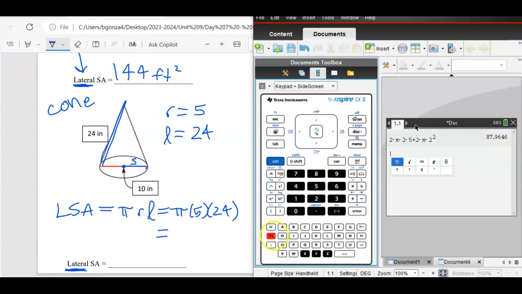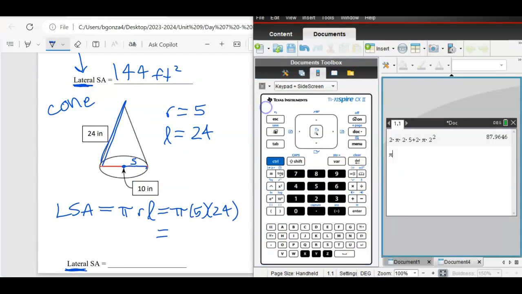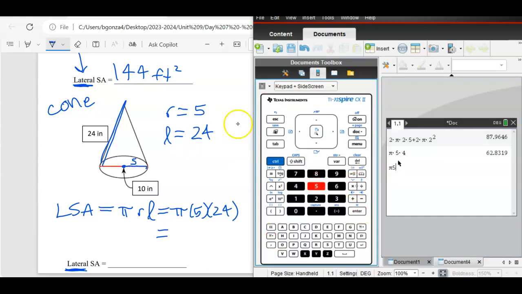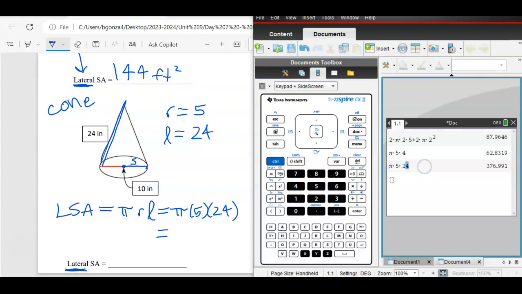So we're doing pi, whoops, times 5 times 24. That's not right. Pi times 5 times 24 gives me 376.99.